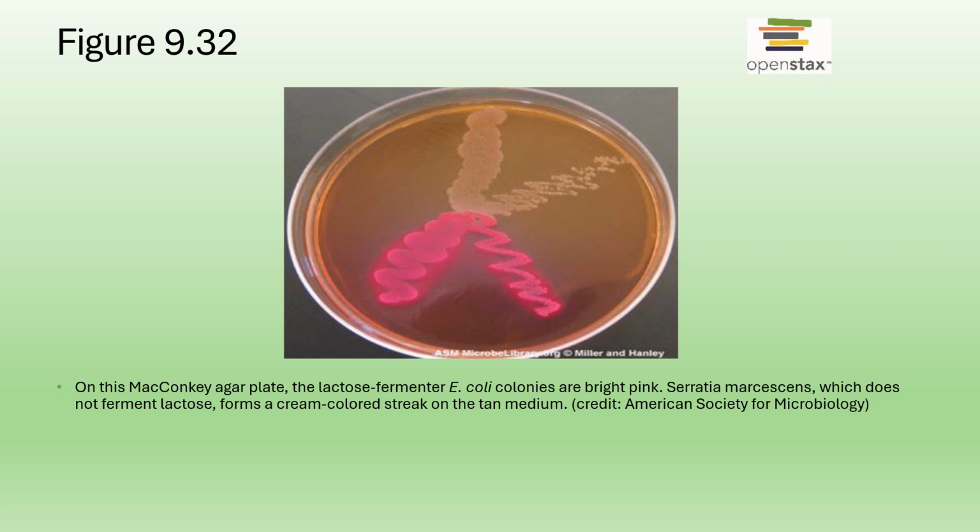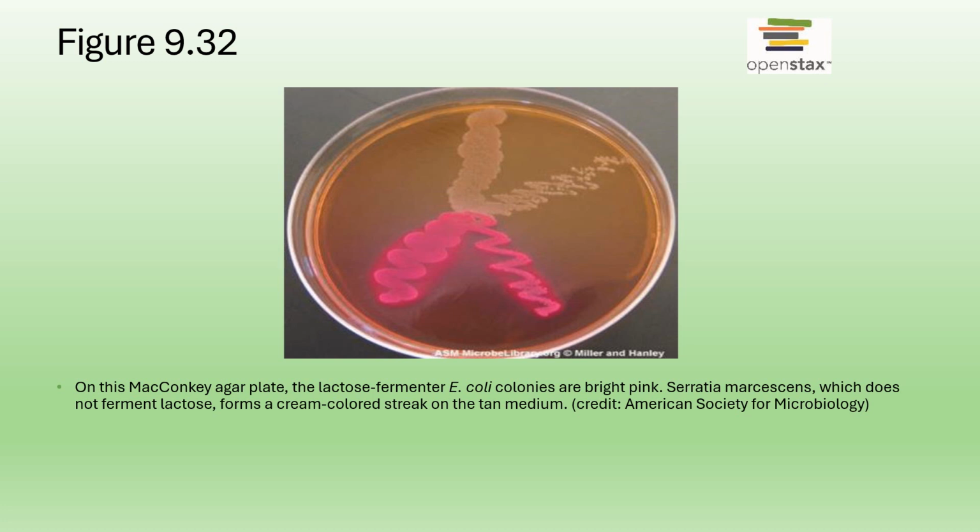On this particular plate, they did kind of a V shape here with E. coli, which is able to ferment lactose, so it turned that pink color. Over here on the top part, you have another gram-negative bacteria, Serratia marcescens. However, that does not ferment lactose. So it grows on the plate, but it stays kind of a cream, beige color.